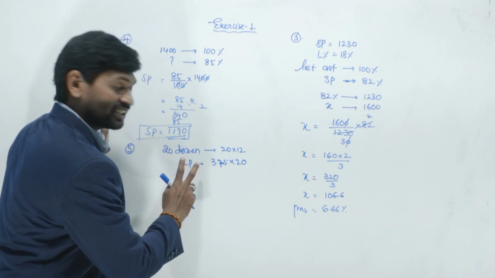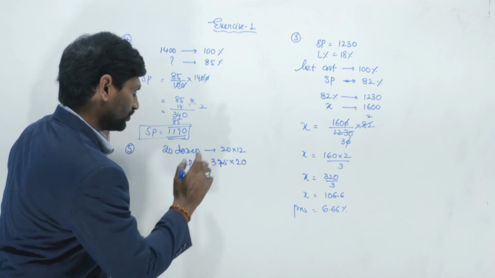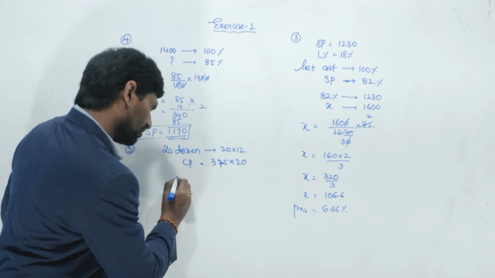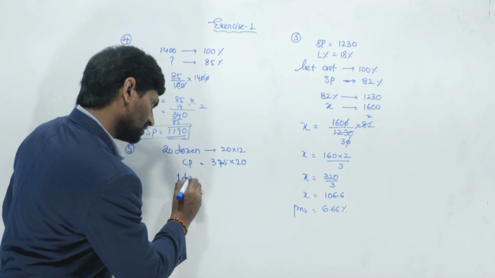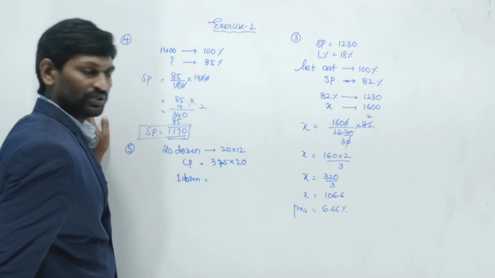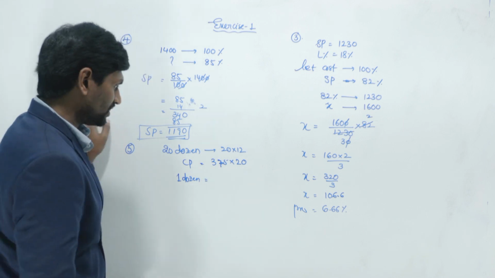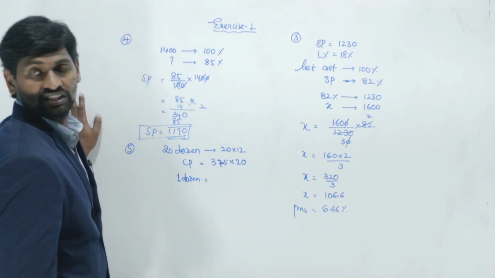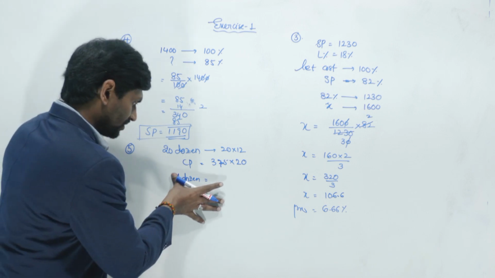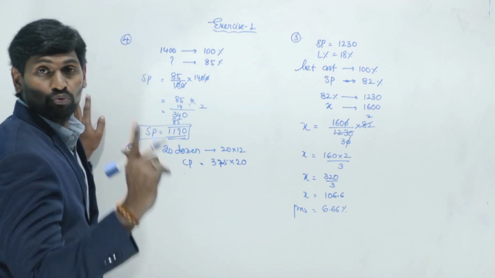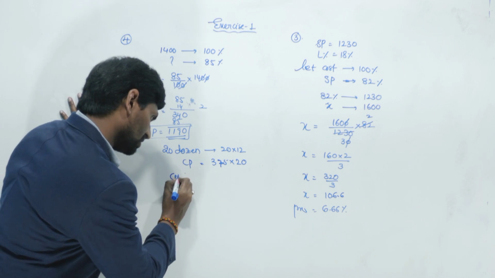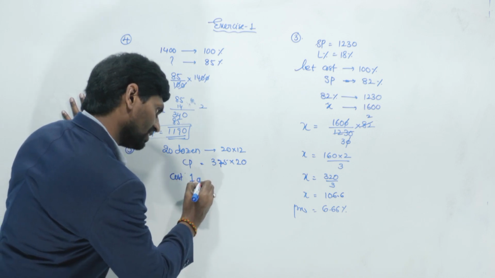Yeah, 20 dozens cost is 20 into 375, and one dozen cost is 375 rupees. Let us find that one article cost, so cost of only one article or one toy.